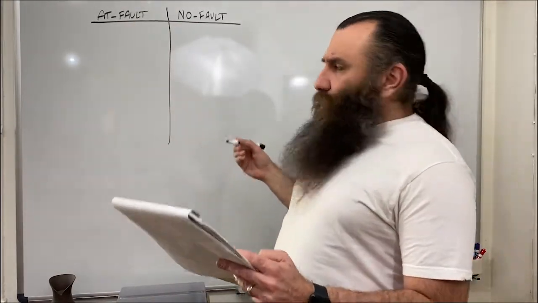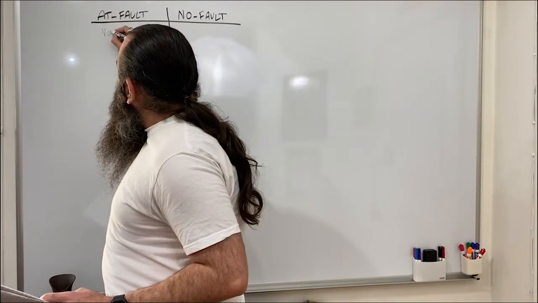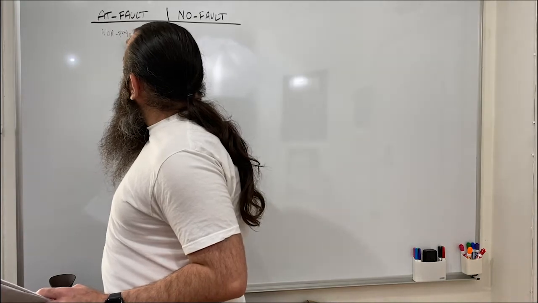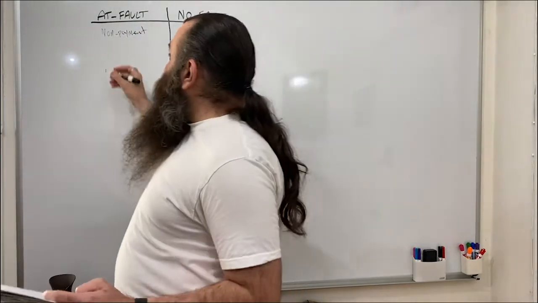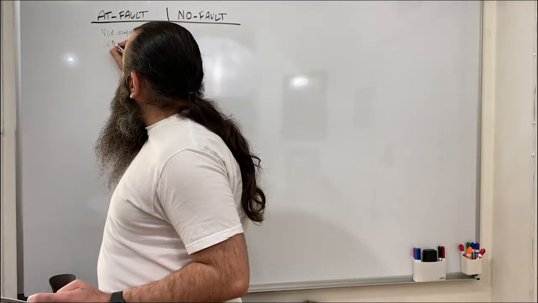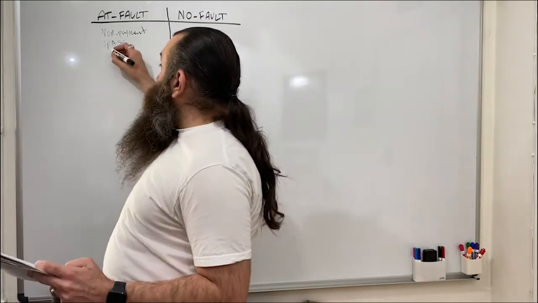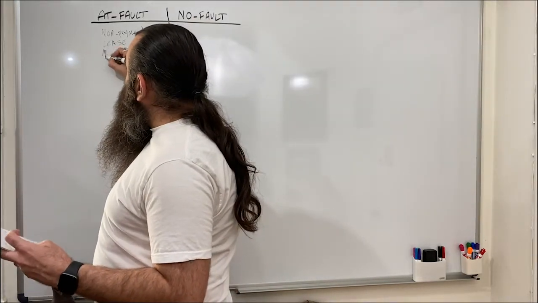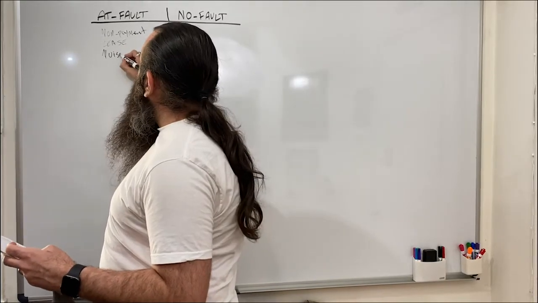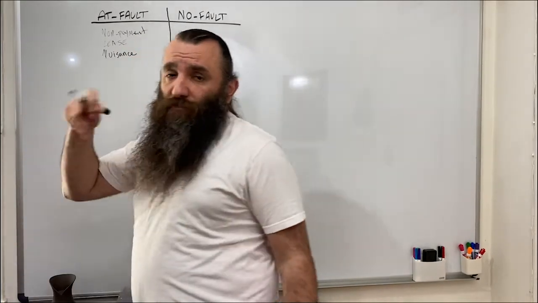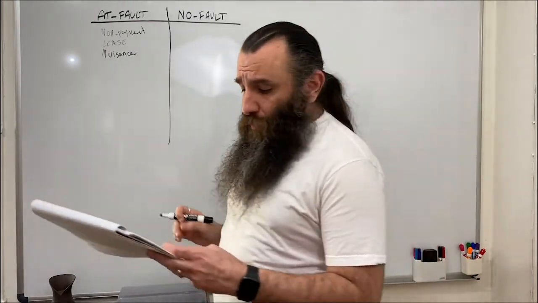At fault evictions include non-payment of rent, they also include a breach of the lease, nuisance, and there's a legal definition of nuisance by the state of California, which I've included a link to in the description of this video.